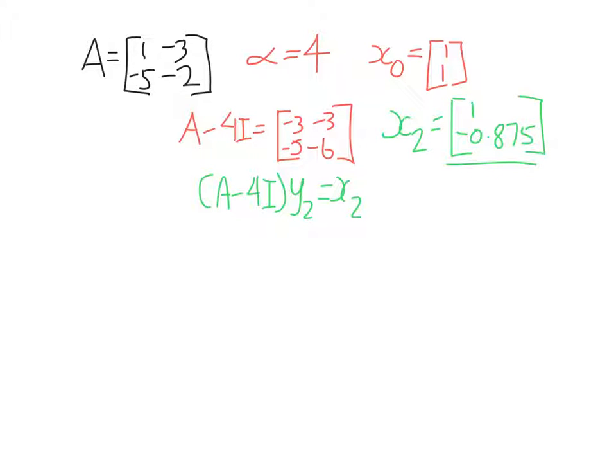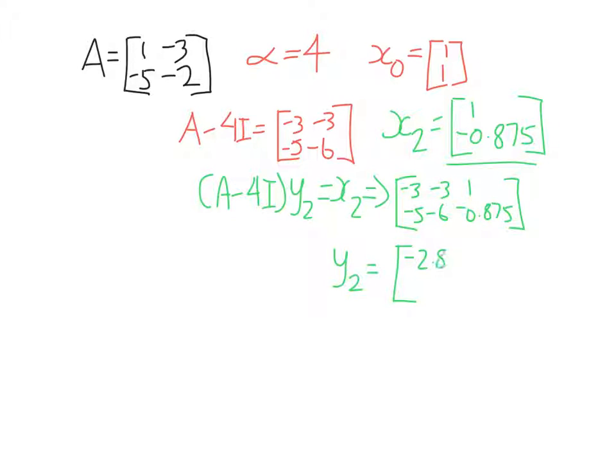So once again, I set up my augmented matrix. I perform the usual row reduction and I get my vector here, y equals minus 2.875 and 2.5416 recurring. Okay, so again, I need to calculate mu 2, which is just the entry in y that has the largest absolute value.